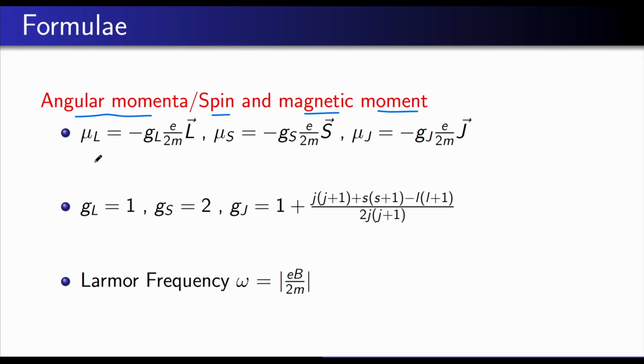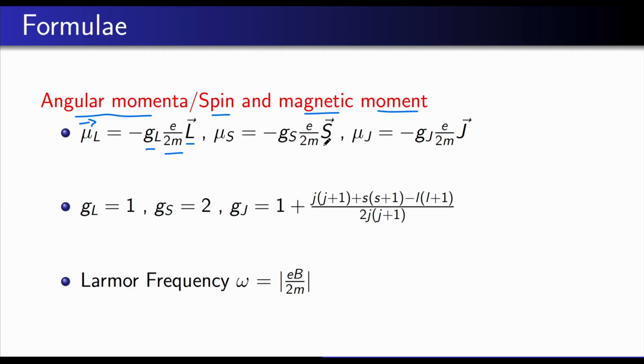So mu L, this is actually a vector quantity. Mu L vector is minus g_L e by twice m times L vector. m is the mass of the electron, e is the charge of the electron, and L is the orbital angular momentum of the electron. So this is the magnetic moment corresponding to the orbital angular momentum L.